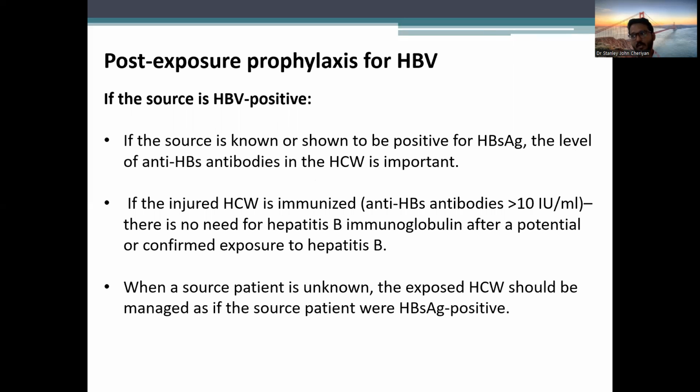You should check for your titer, see what your anti-HBs antibody level is. If it is less than 10 international units per ml, you should definitely take a booster dose. If the source is known and it is a known hepatitis patient, and your antibody is more than 10 international units or you are already vaccinated, you need not do anything.